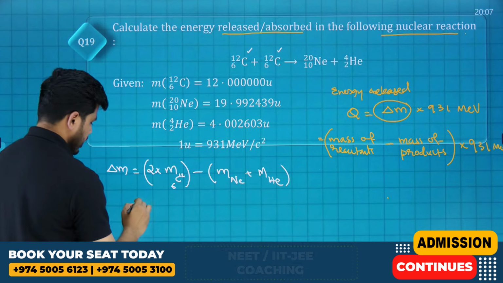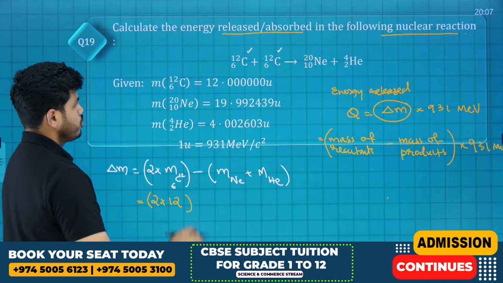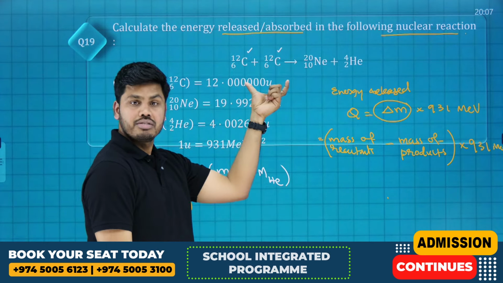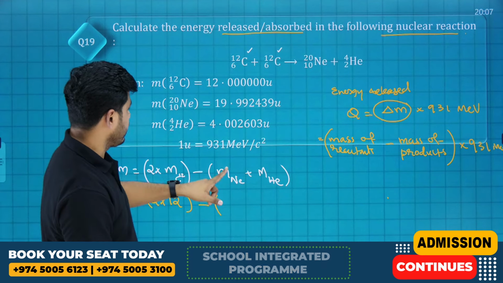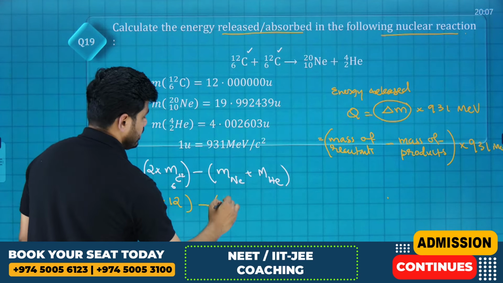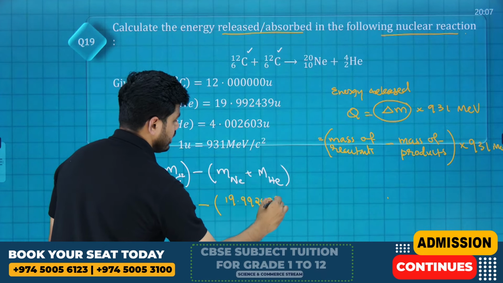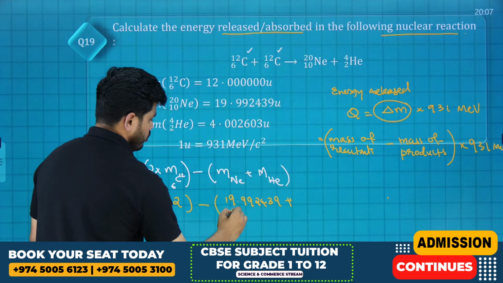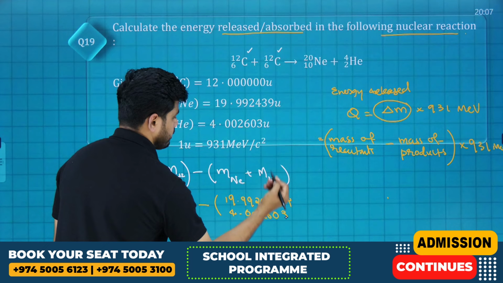So now we have the value 2 times 12 atomic mass unit, that is the mass of the reactants, because the mass of carbon is given as 12 only, minus the other 2 values, the mass of neon and the mass of helium. The given values are 19.992439 plus the mass of helium, 4.002603.